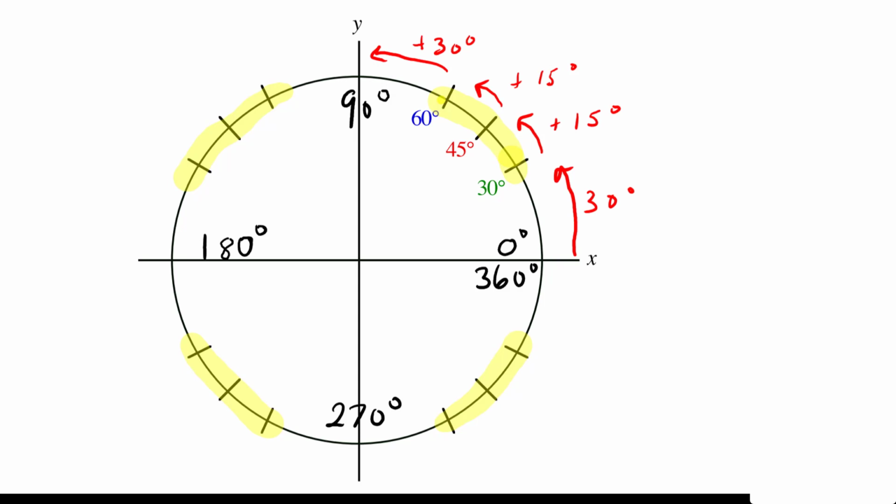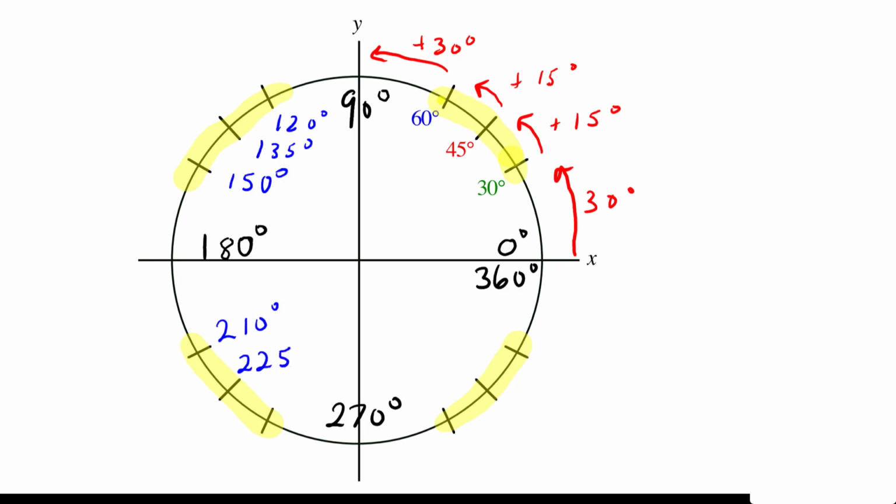From 90, we add 30 degrees and keep that pattern going. We get 120 degrees, add 15, 135. Add 15 more, 150 degrees. Add 30, and we're at 180 degrees. Add 30 again, we now have in quadrant 3, 210 degrees.